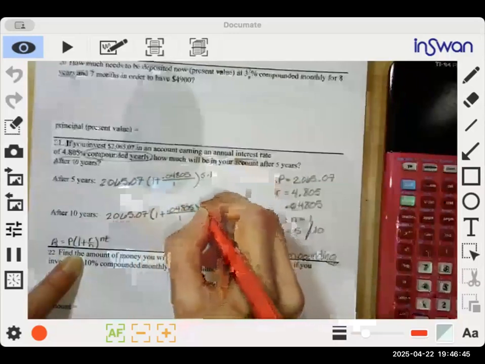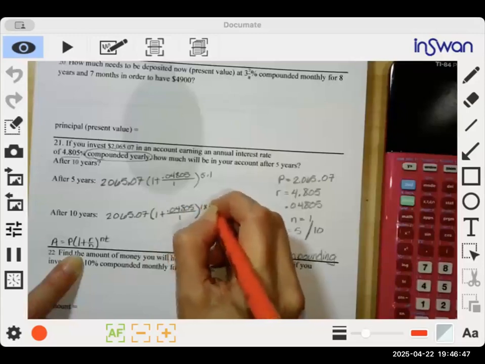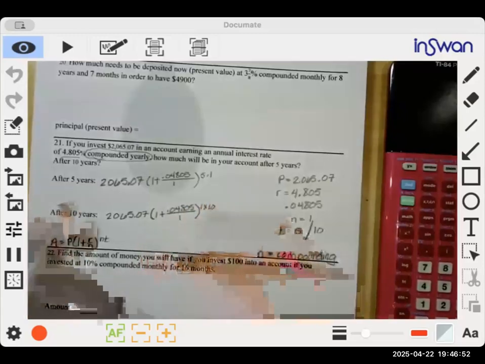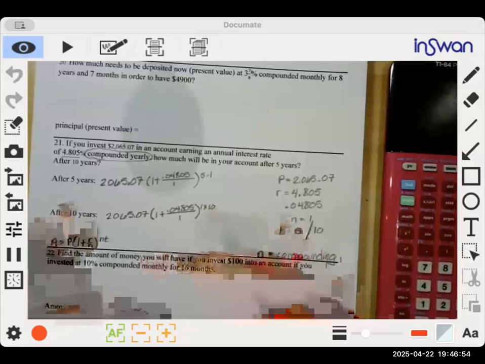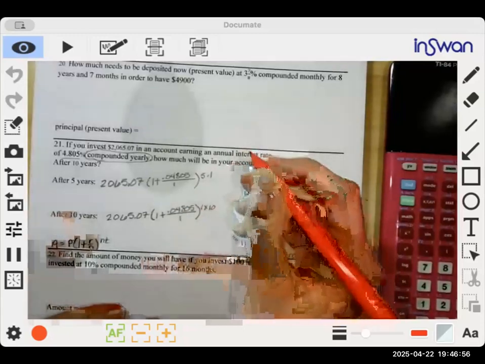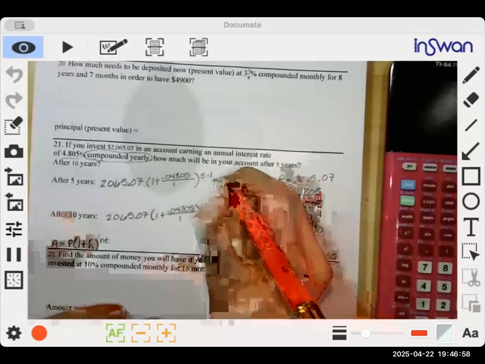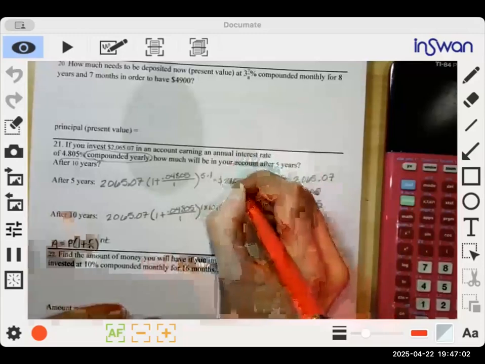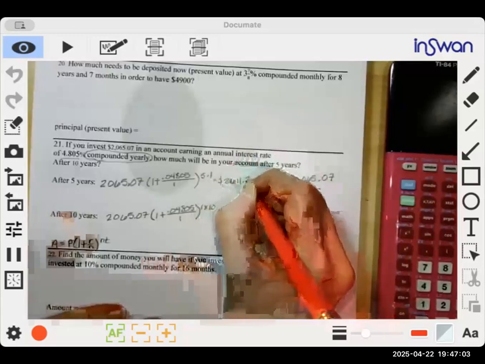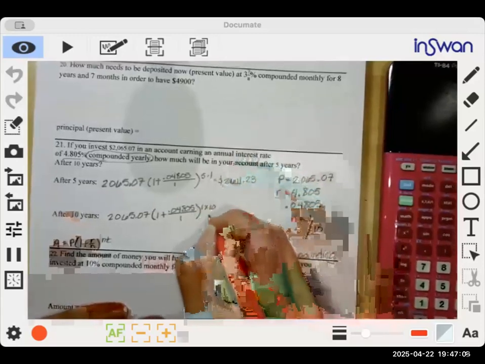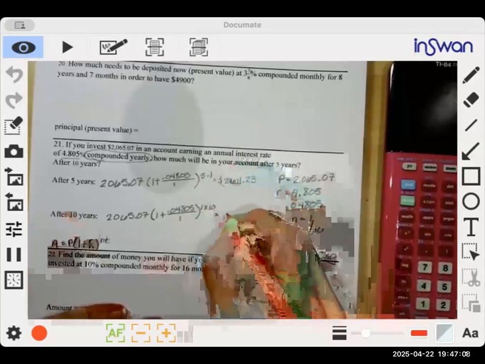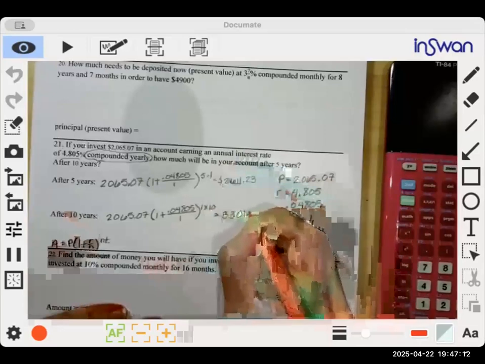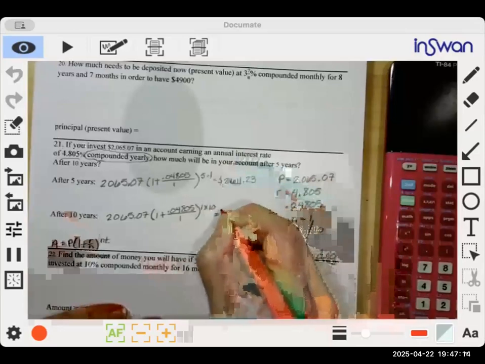And this one is going to be 1 times 10. So we're assuming that the 10 years will be more because it's being left in there longer, and it is more. So this one equals $2,611.23. And this one is 3301.83.